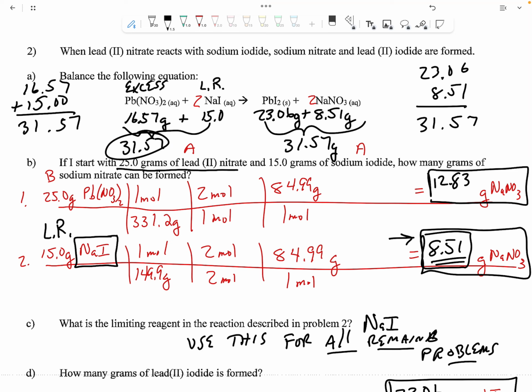So 31.57 grams of reactant going in, 31.57 grams of product going out. And that is how you work that sheet. Good luck.